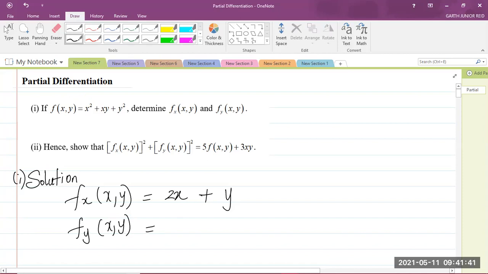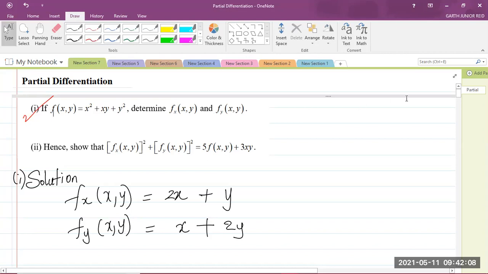When you differentiate xy, what you get is x, since you're differentiating with respect to y. Plus, if you differentiate y squared with respect to y, you will get 2y. So those are our answers for part 1, and we have successfully completed it.